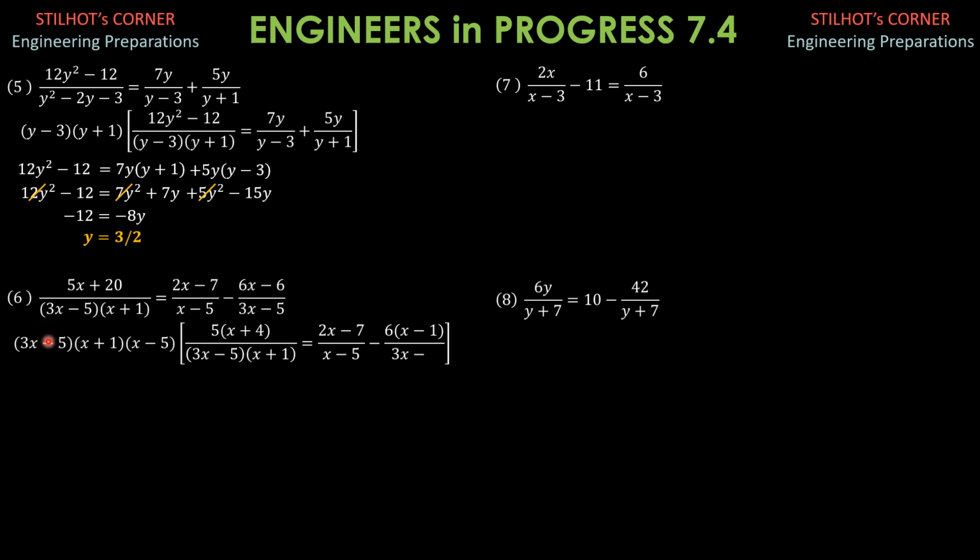So imagine that these factors are cancelled. So we have 5 times x plus 4, x minus 5. Then cancel this. So we have 3x minus 5, x plus 1 times, equals 3x minus 5, x plus 1, 2x minus 7.